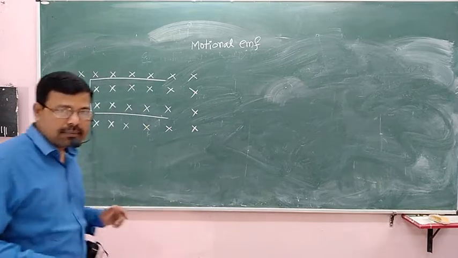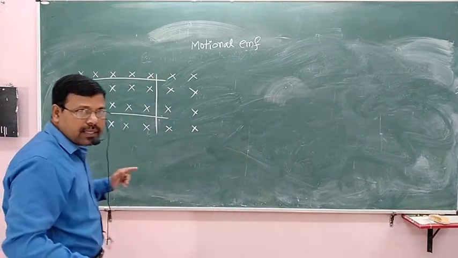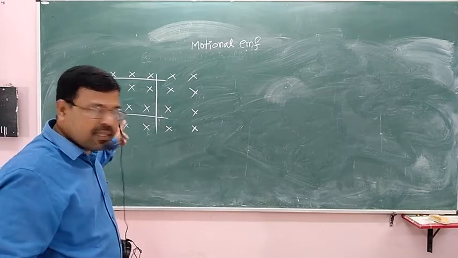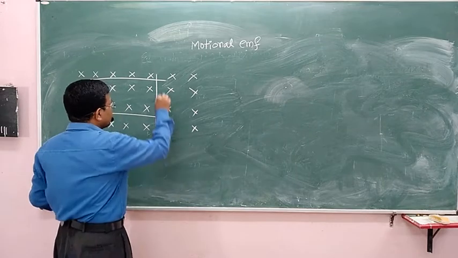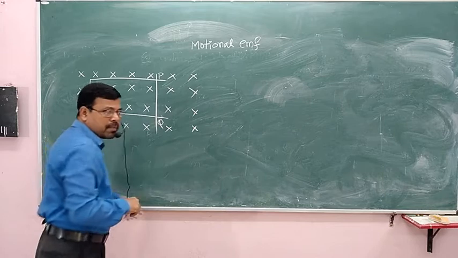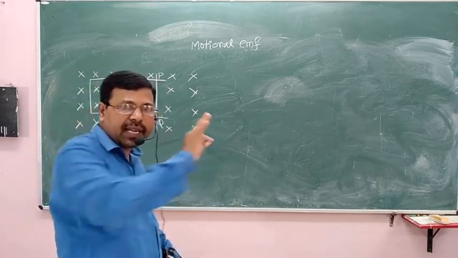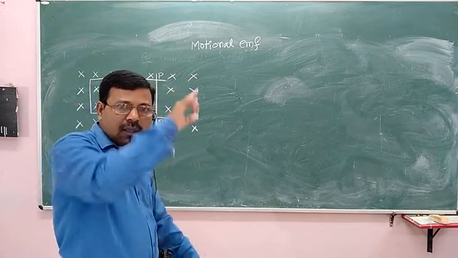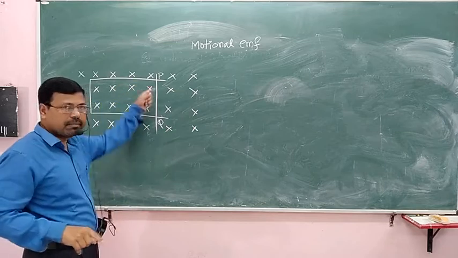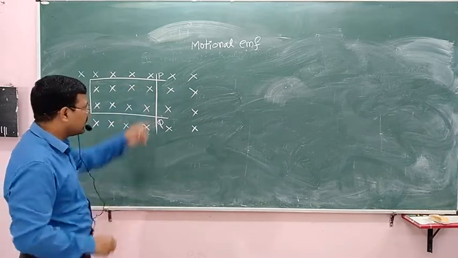One conductor is free to move in the magnetic field. The name of this conductor is PQ. PQ is a conductor which moves freely on the bars of this rectangular frame.